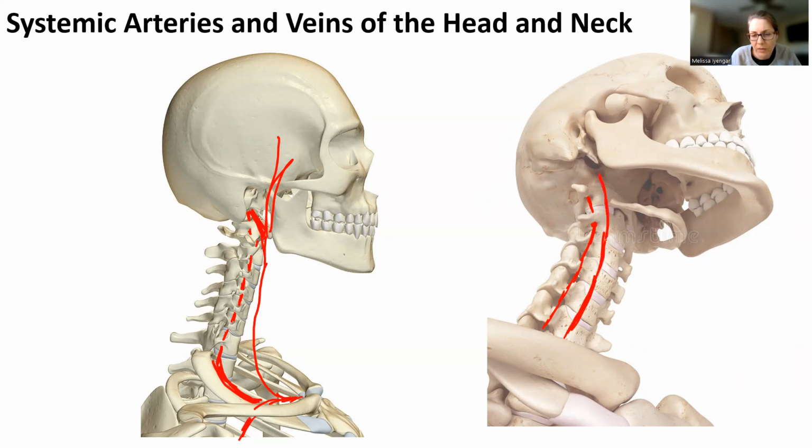So again, the common carotid is going to run parallel to the vertebral column. And then it's going to dive deep into the carotid canal, and it's going to come up and be superficial like that. So this is vertebral. And this is common carotid. This would be internal carotid.